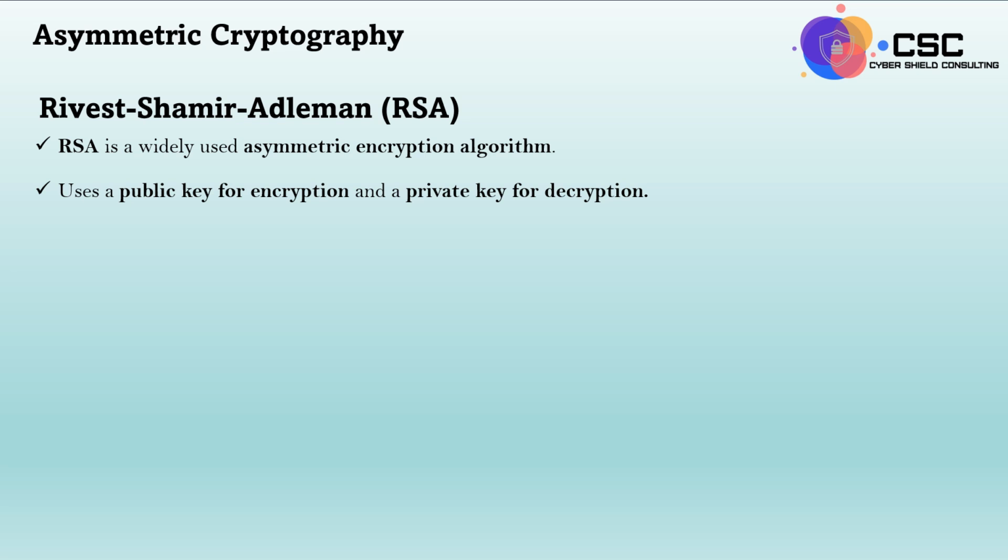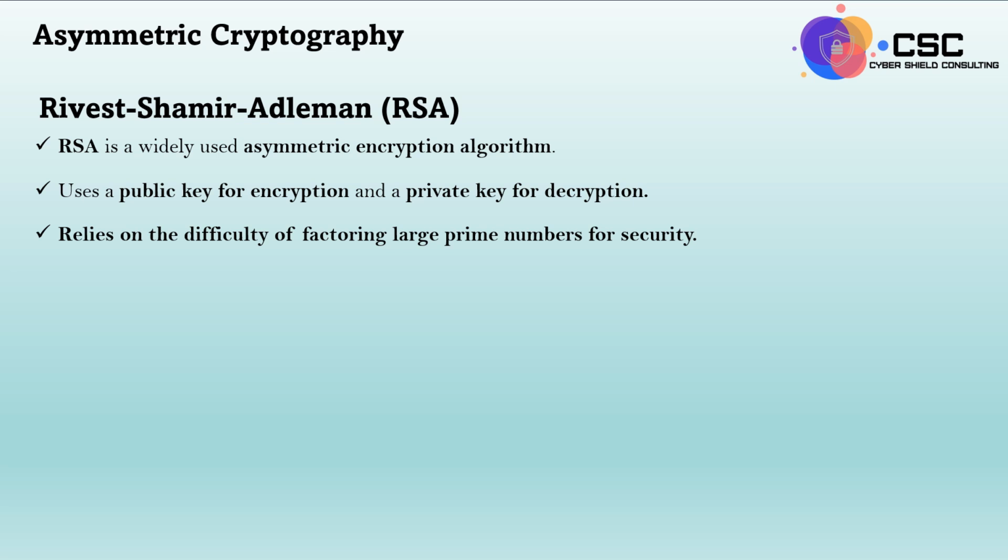RSA's security is based on the mathematical challenge of factoring very large prime numbers. As computers struggle to break down these large numbers efficiently, RSA remains highly secure, making it an essential tool for data encryption, digital signatures, and secure authentication in modern communication systems.